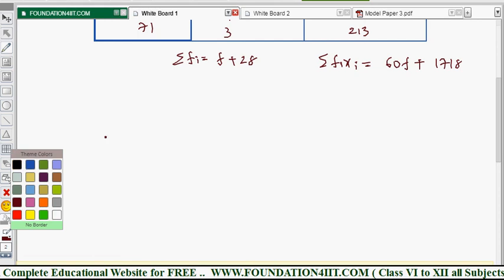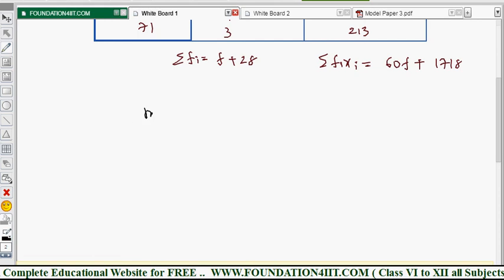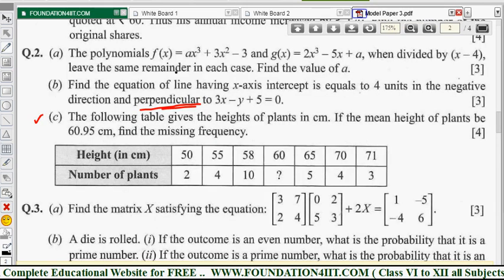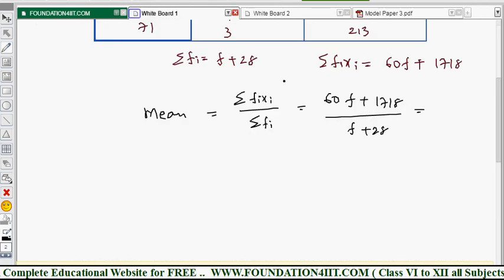Now it's simple. The mean formula is sigma fi xi by sigma fi. The answer is given already, so we take 60f plus 1718 by f plus 28. This value is, according to the question, 60.95.